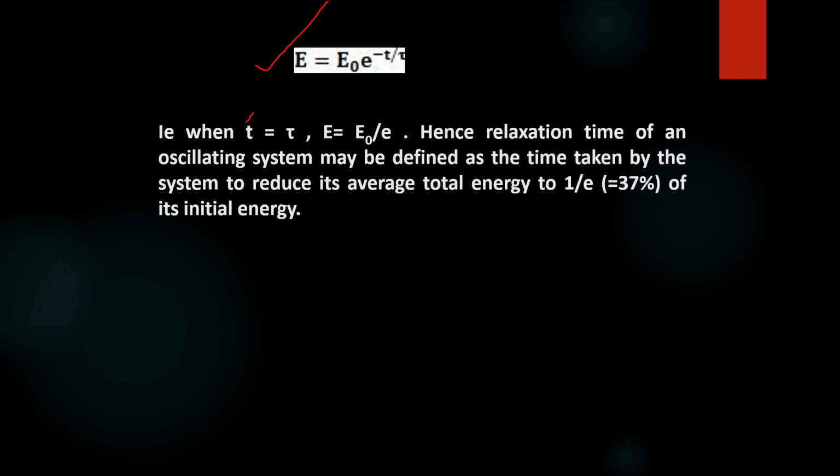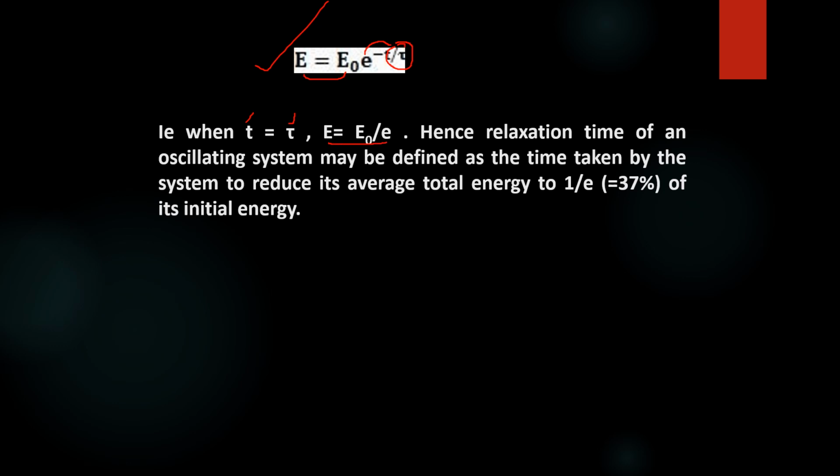When time t is equal to tau, the relaxation time, this equation becomes E is equal to E0 into e raised to minus 1. Since t is equal to tau, this becomes e raised to minus 1, or we can write E is equal to E0 by e.